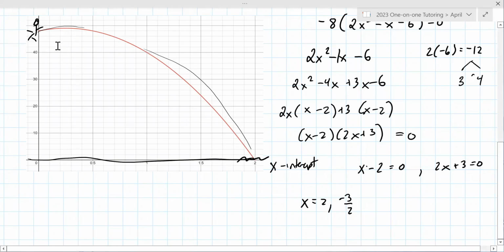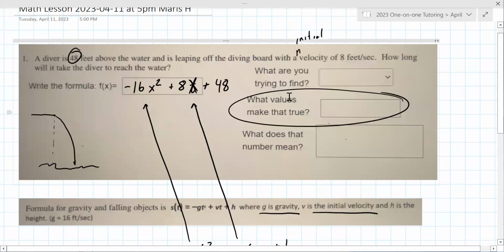So in these problems, you have to be careful to recognize that there's actually only one solution. If you look at the way it's written, it says what values make that true. There's two values, the 2 and the 3/2, sorry, -3/2, but only one works in the real scenario.